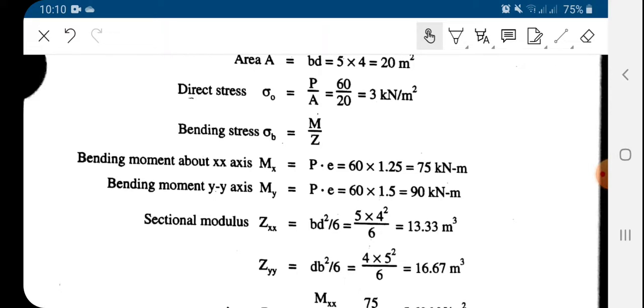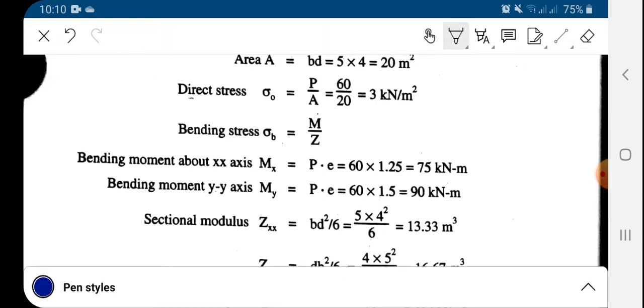Now same way we have to find out the section modulus along this XX axis and also along the YY axis. Yes, we have already seen the equation, how to derive the section modulus along the different axes, in the previous session.